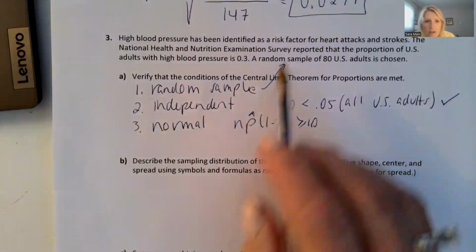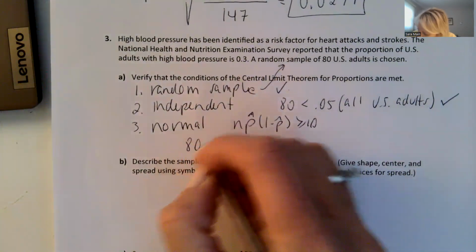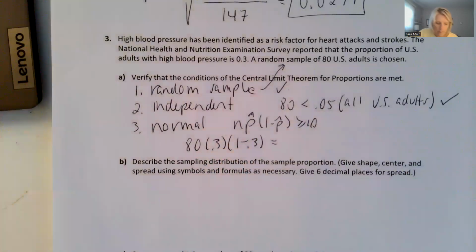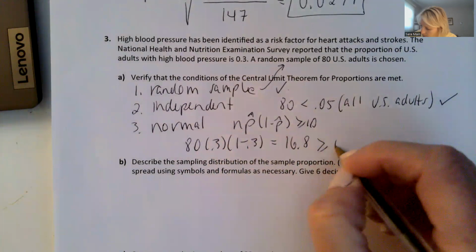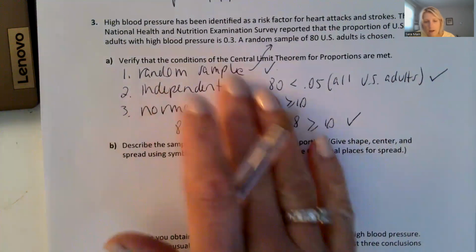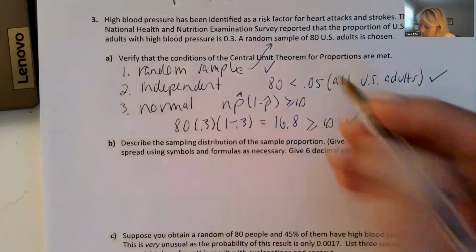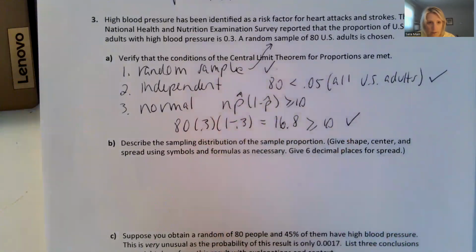The survey said that p hat was 0.3, so we've got 80 times 0.3 times 1 minus 0.3, which is 16.8, and that is greater than or equal to 10, so that gets a check. Those are the three things that you need to explain to me. You can upload it into the quiz if you'd like, but you need to be able to explain these three requirements.